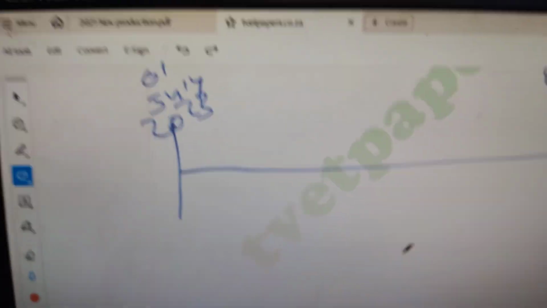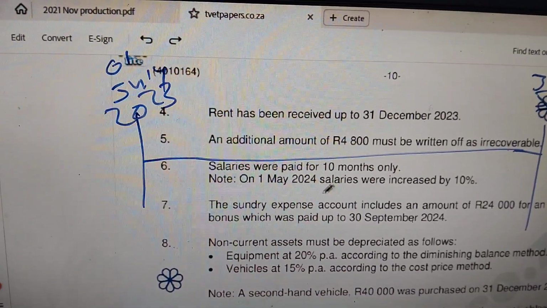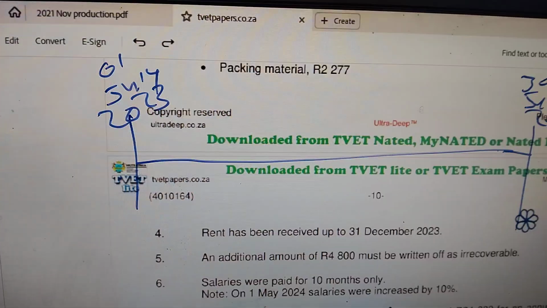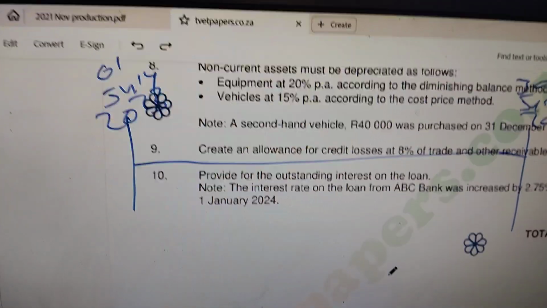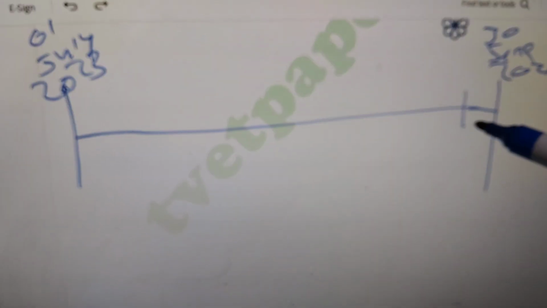They say the salaries were paid for 10 months, meaning these 2 months are outstanding, May and June. So we want to calculate these 2 months, then add up with that one on the trial balance.